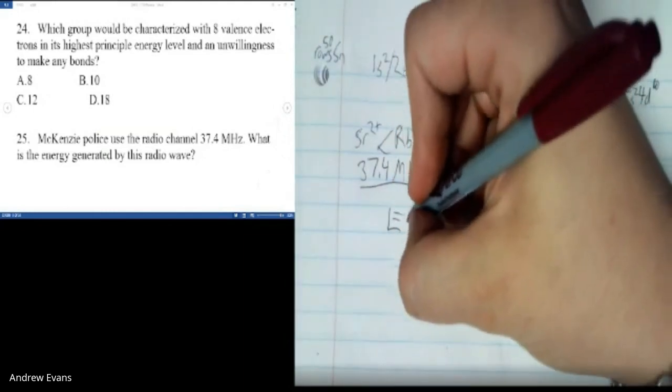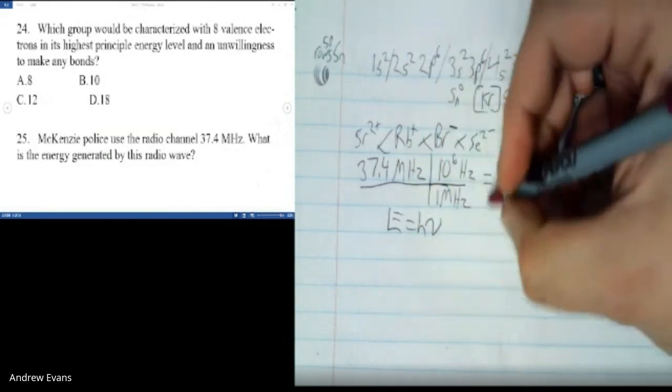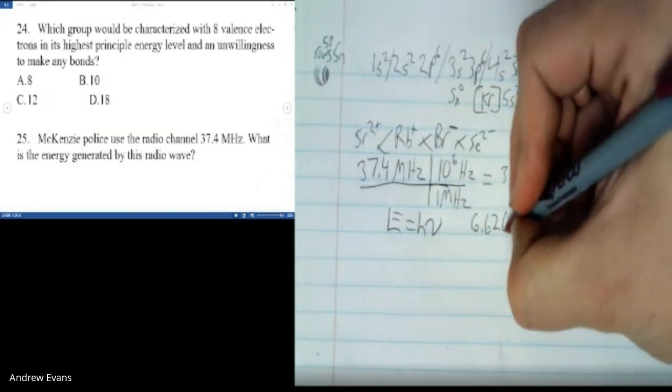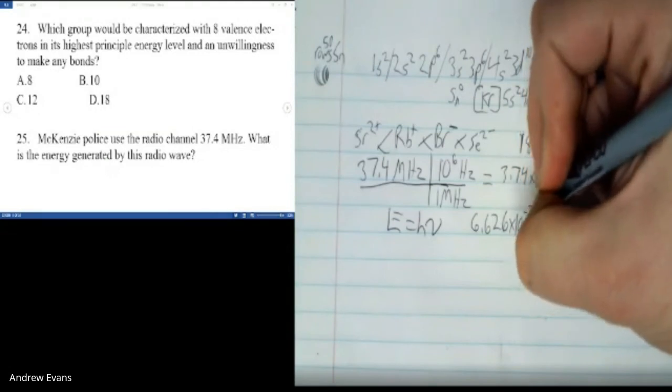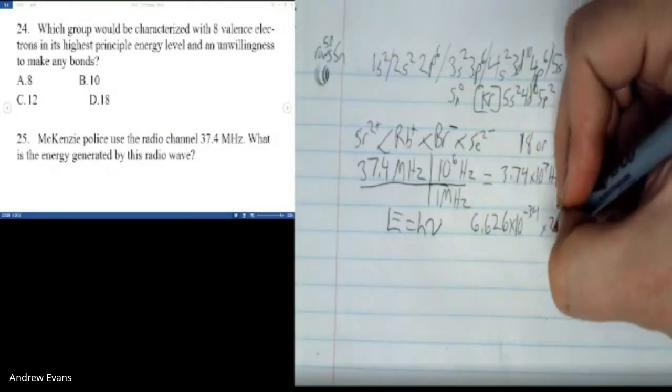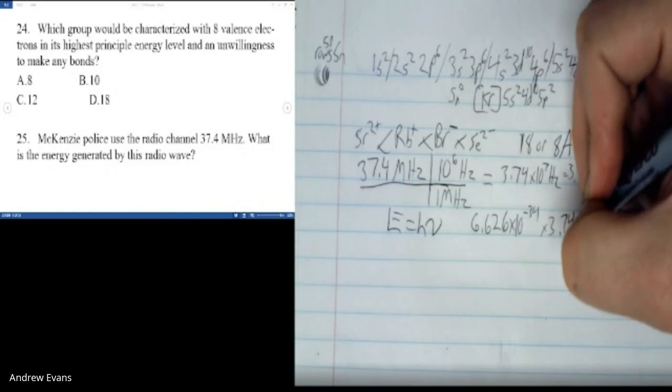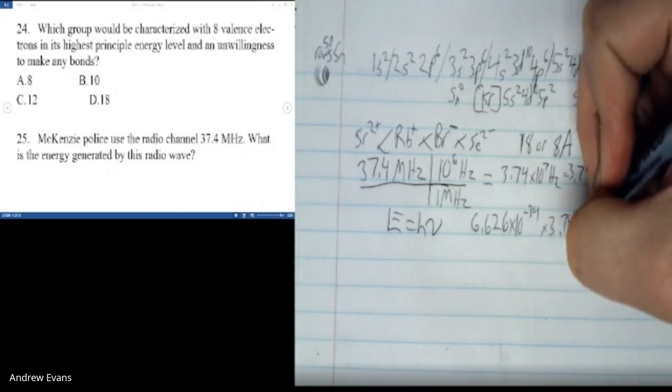E equals h nu. So we're going to say 6.626 times 10 to the negative 34th times 3.74 times 10 to the 7th inverse seconds.